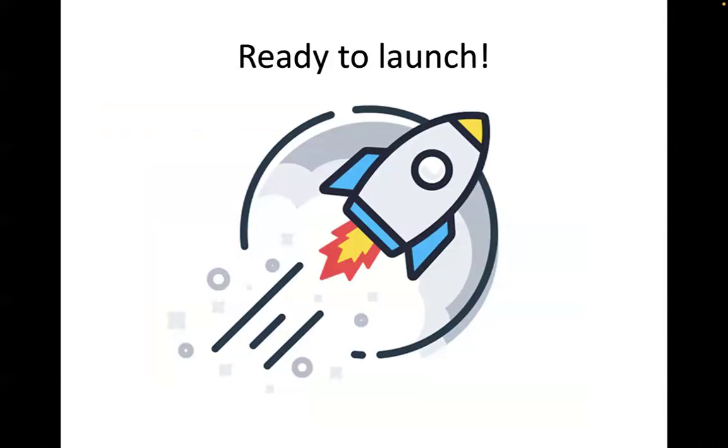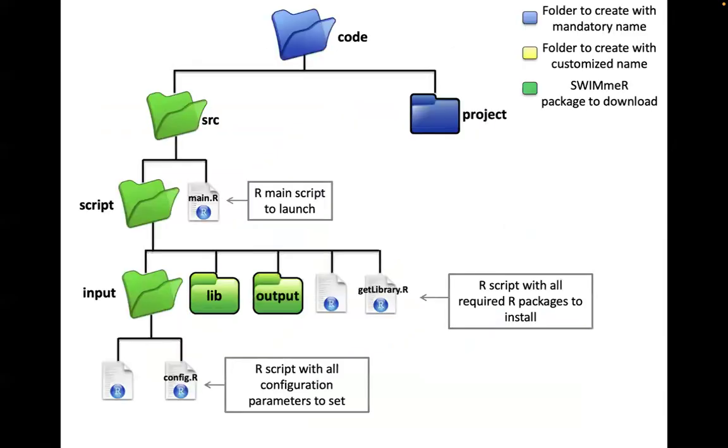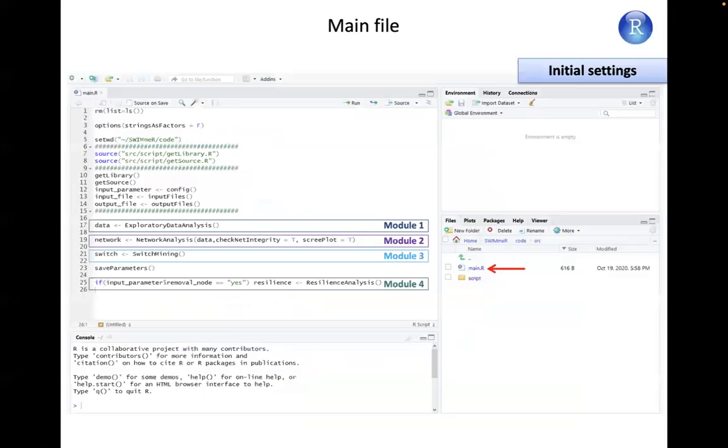Okay, this is the main folder. When you open R, you can click on the folder, and you then click on SRC, and here you can find the main file, and it appears like that.